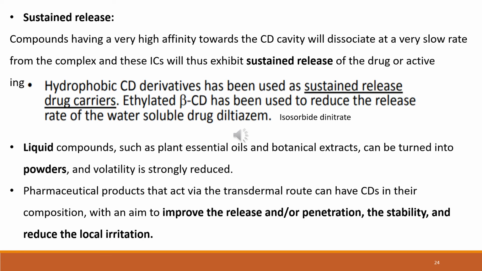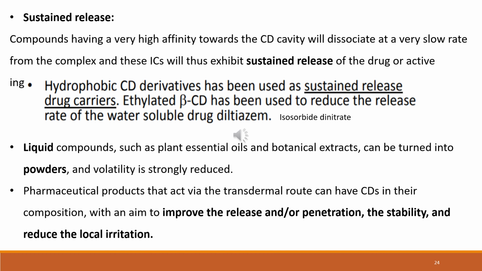Ethylated beta-cyclodextrin has been used to reduce the release rate of the water-soluble drugs diltiazem and isosorbide dinitrate. Liquid compounds such as plant essential oils and botanical extracts can be turned into powders and volatility is strongly reduced. This can be done with the help of cyclodextrin complexation.